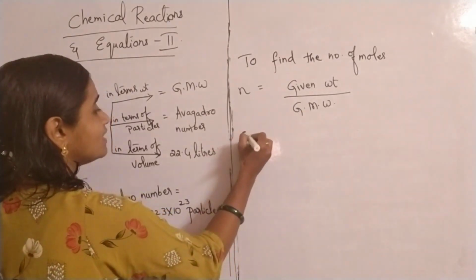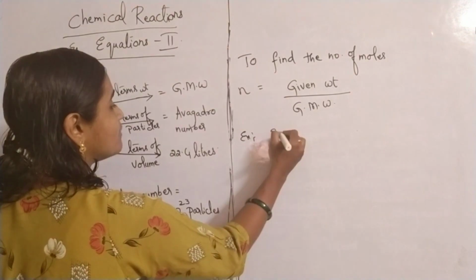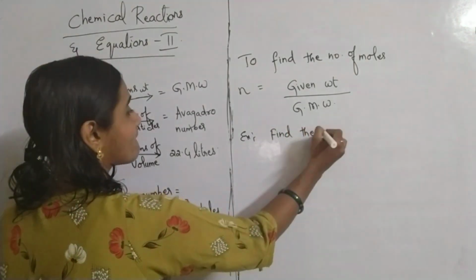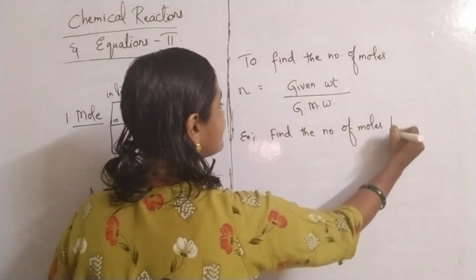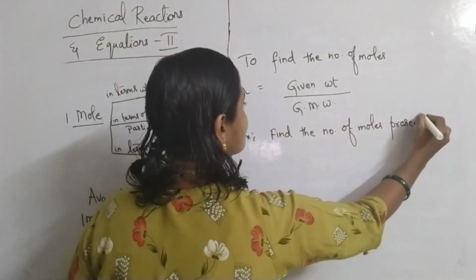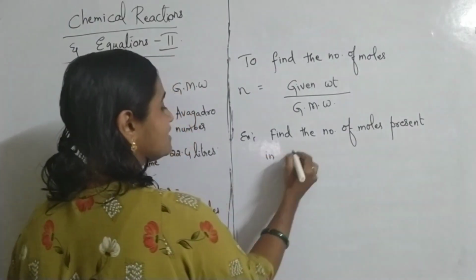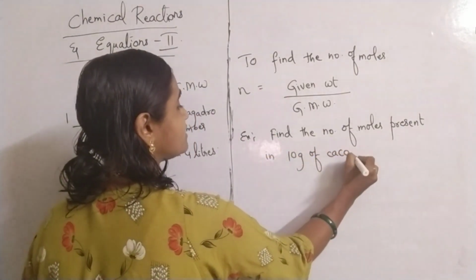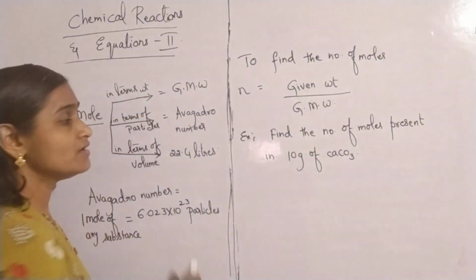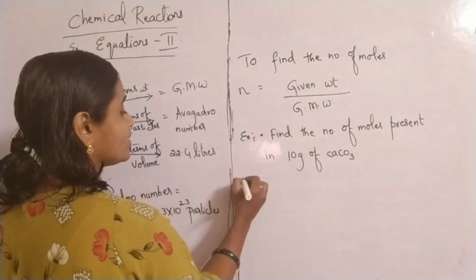For example, find the number of moles present in 10 grams of CaCO3. You are given one question like that. Then how will you write?